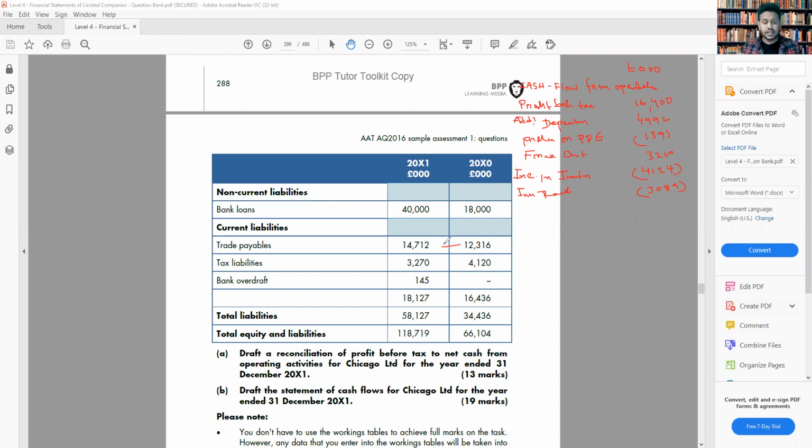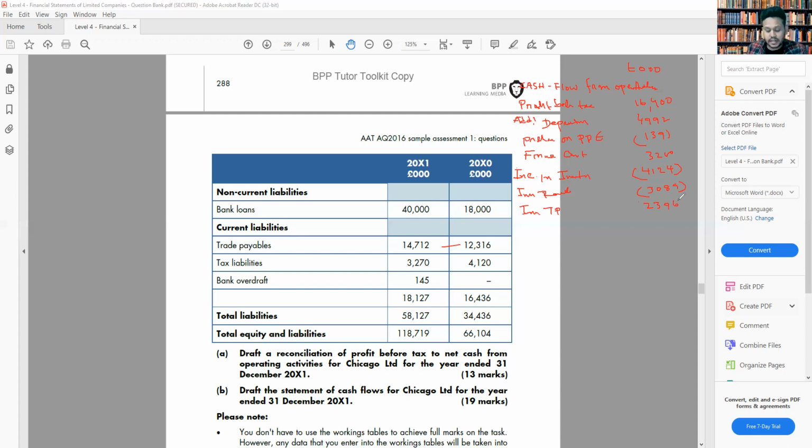So the cash is not going out, it is an inflow for me. So I say increase in trade payable. How much is it increasing? 2,396 is the difference.